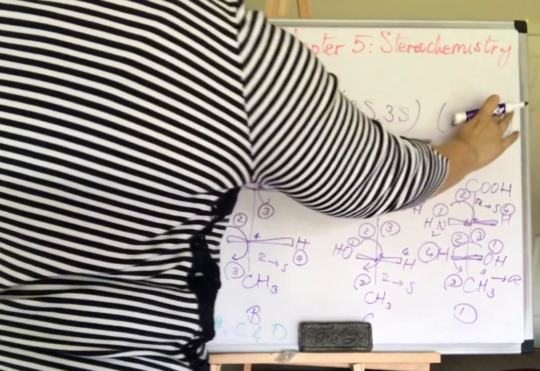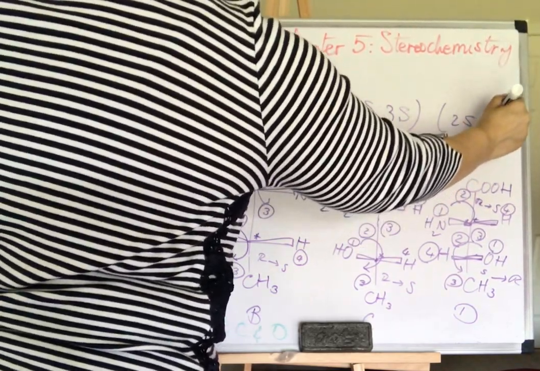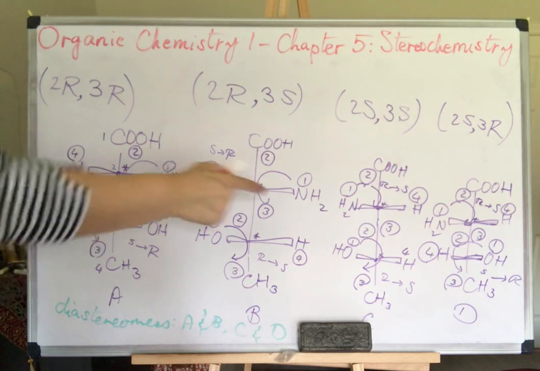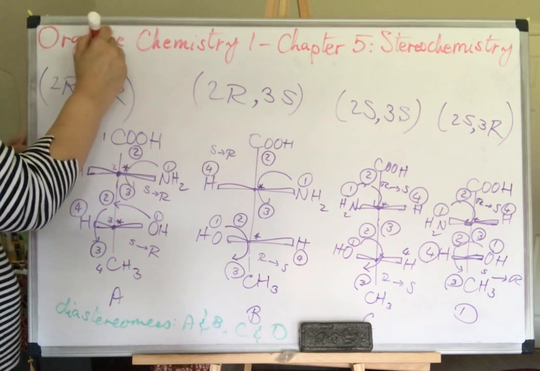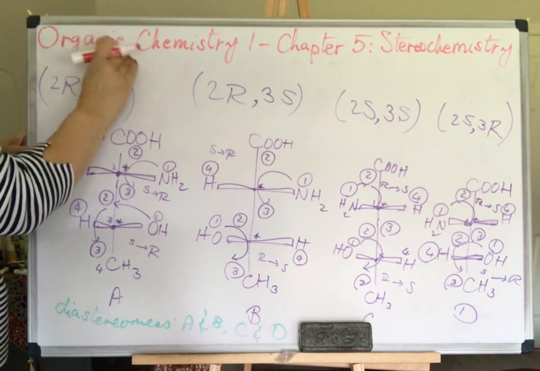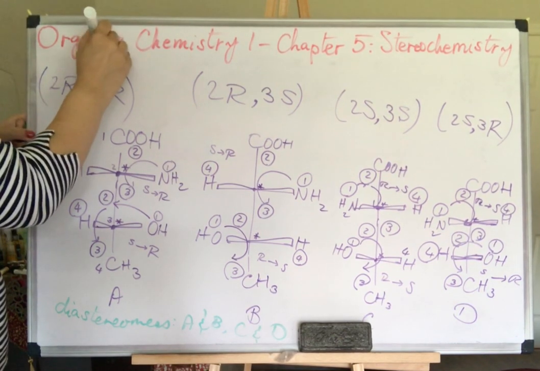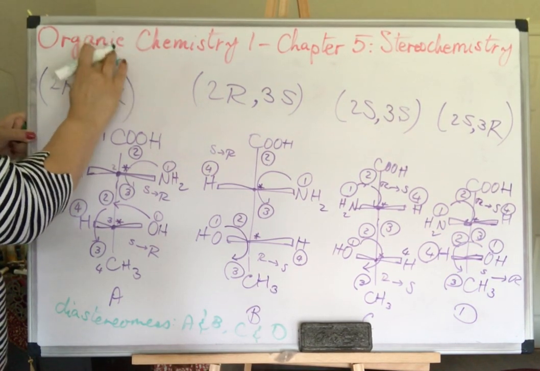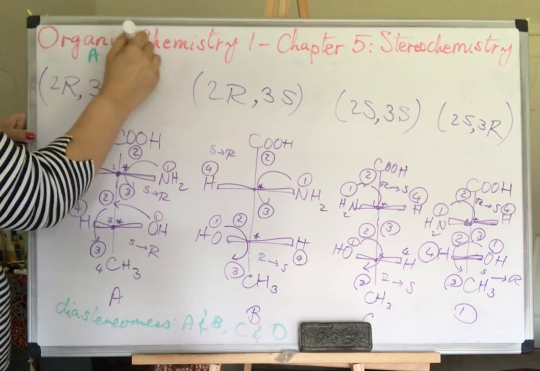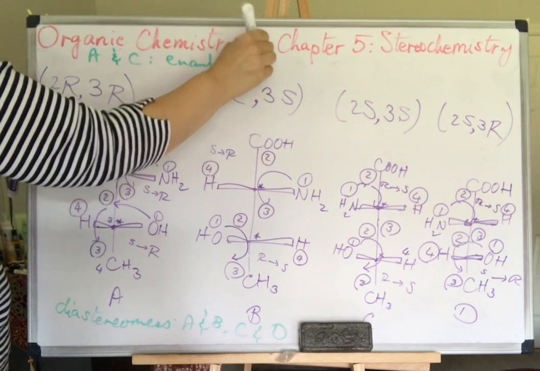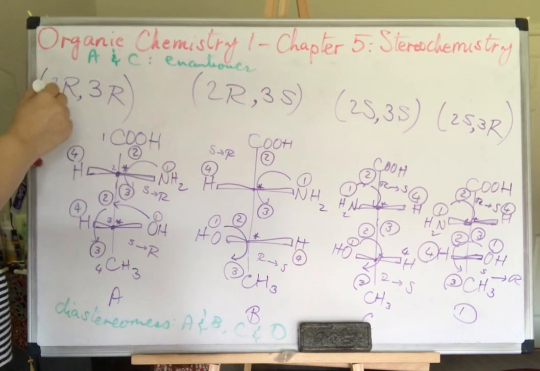Now, I took time to determine all of these configurations to show you something. Didn't we say that enantiomers are A and C? A and C are enantiomers, right? What do you see in their configuration?